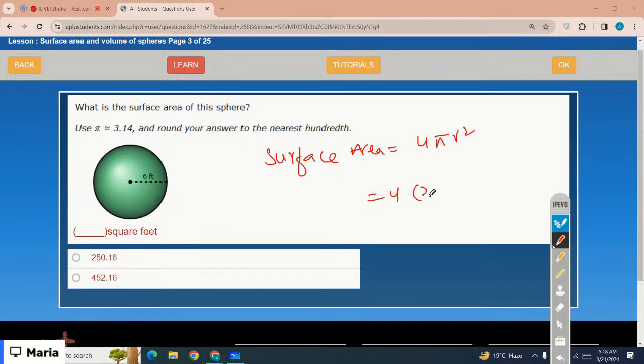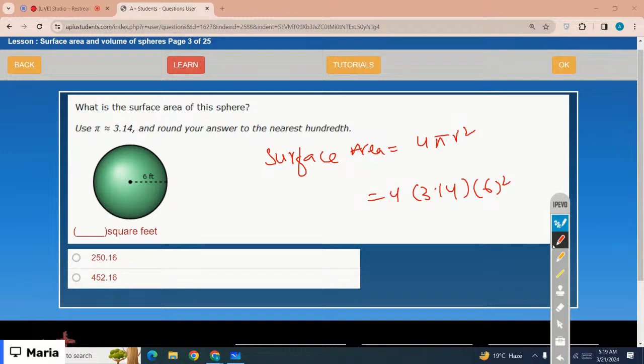So here is 4, 3.14 and 6 square. So you have to do 4 times 3.14 times 36. The correct option is 452.16, right?